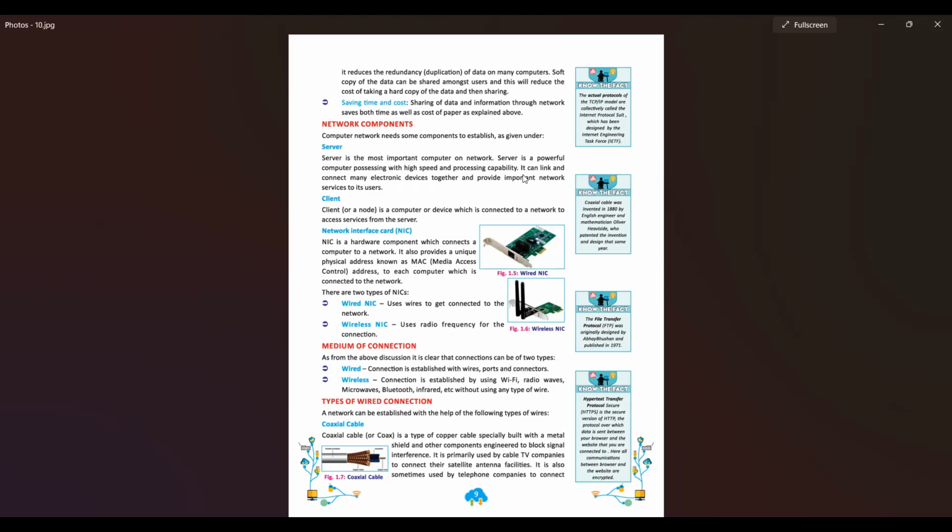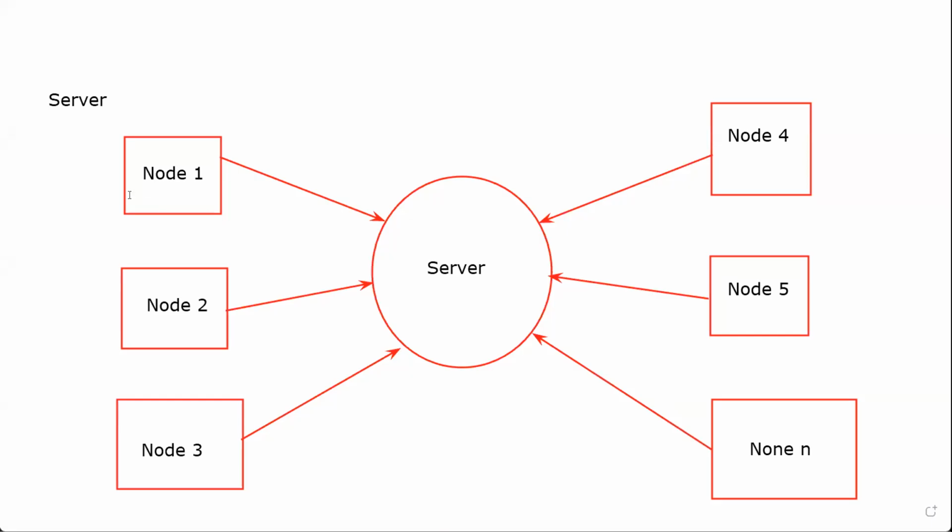My dear students, if any computer wants any information, that computer is called a client. So I can say that in our terms this is node 1, which is also called client 1, because this is a client computer which always requests, and a server always gives the response.